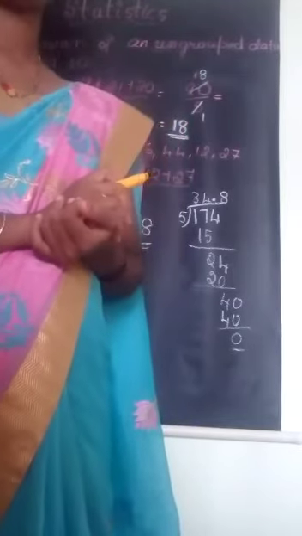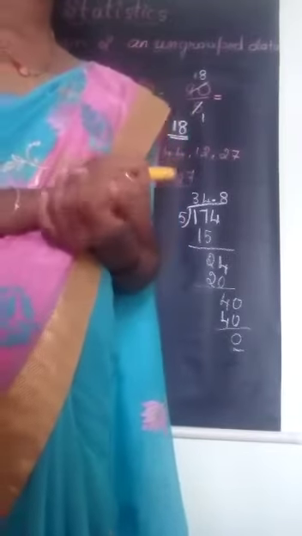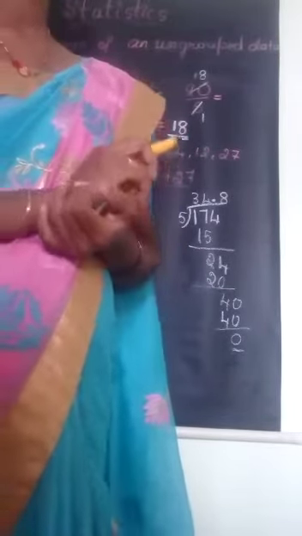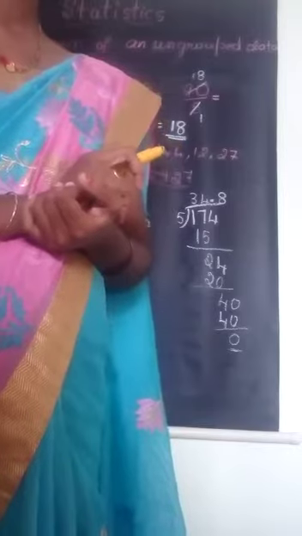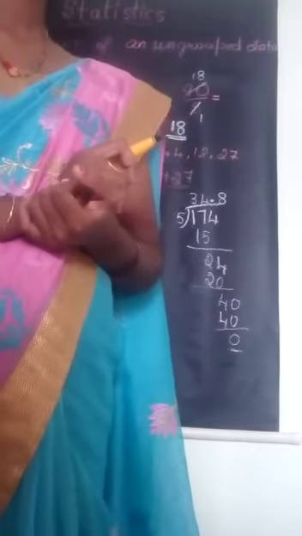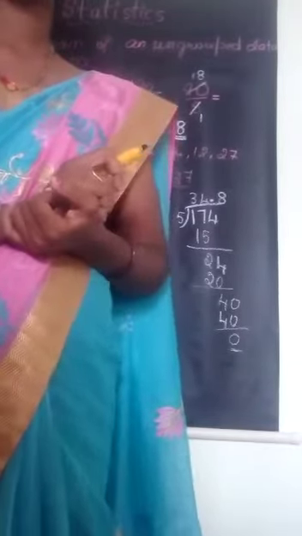Due to COVID-19, the government has reduced your syllabus. So in this chapter they have removed the assumed mean method and step deviation method of finding mean. So let us learn how to find the mean by direct method in grouped data.